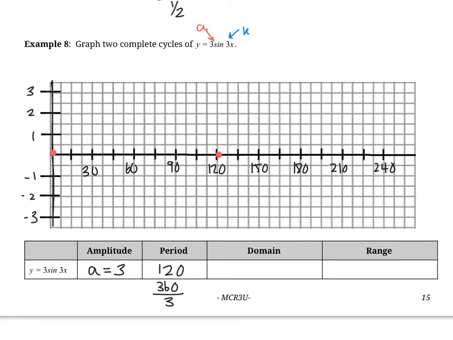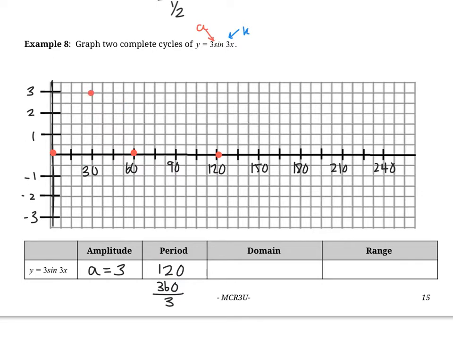In the middle, as per usual, it is going to cross the x-axis again, and in between 0 and 120 is going to be 60 degrees. So we're going to put a dot at 60. And then in between 0 and 60, that's where it's going to reach its highest value. So in between 0 and 60 is going to be 30 degrees, and its highest value is no longer going to be at 1, it's going to be at 3.